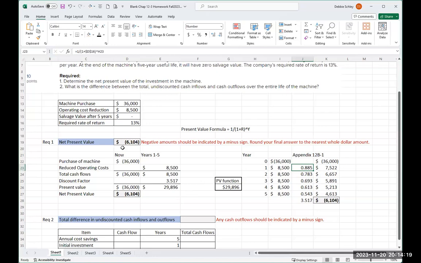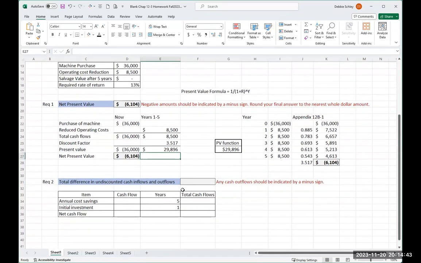Okay, so really that's the end of required one. Whichever way you want to do it, just remember if you do PV, you have to then sum the positive 29,896 and the negative 36,000 to get to the net present value answer.